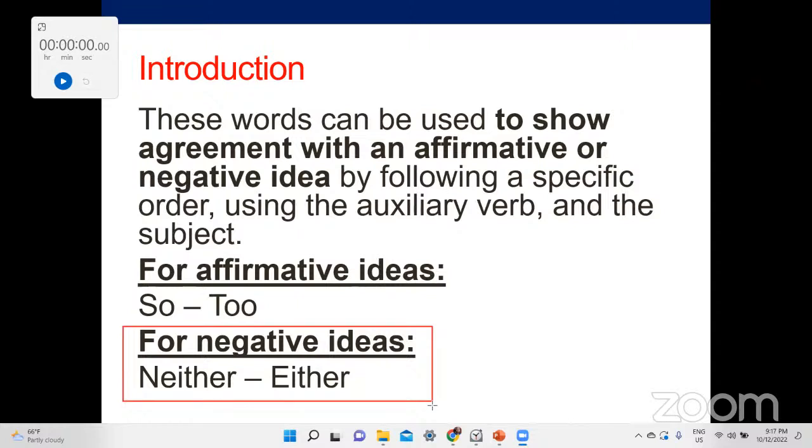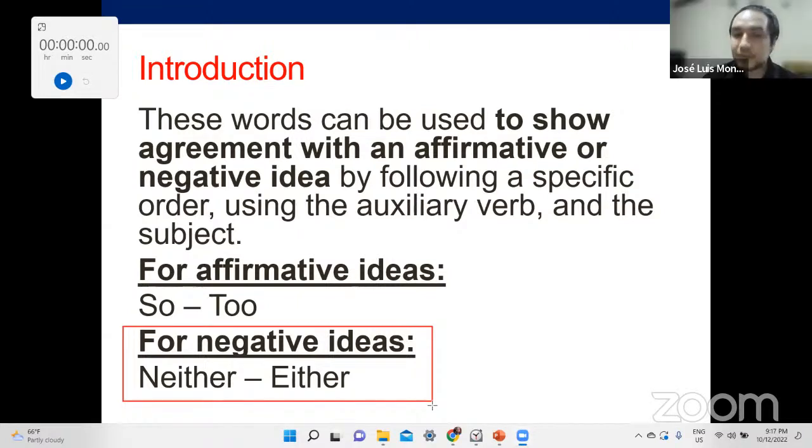Neither do I. Okay, very good. With neither, you also invert like with so. So it's going to be inversion plus auxiliary plus subject: neither do I. And you don't say it in the negative because the "n" in neither is already negative. So you say that in an affirmative way, but the meaning is negative.